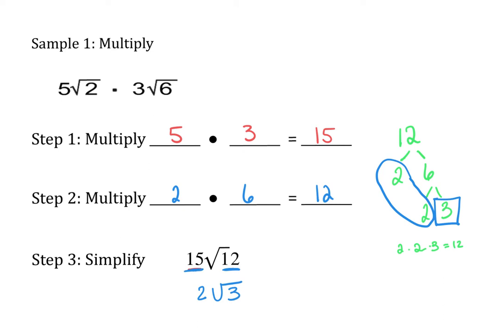I already had a number out here. The 15 is going to be multiplied by whatever I took out. So my final answer here, when it is completely in simplest form, is going to be the 15 times 2, 30, square root of 3.